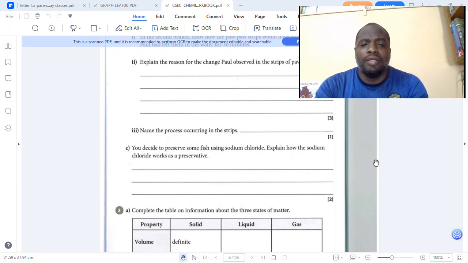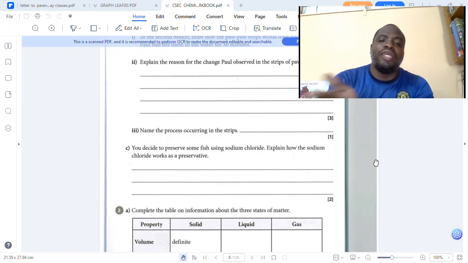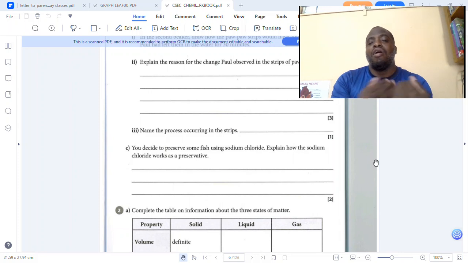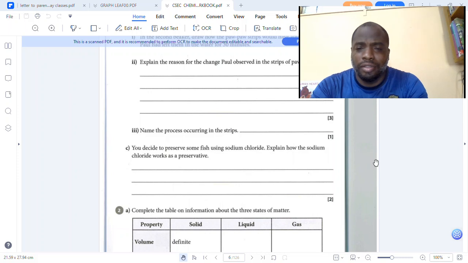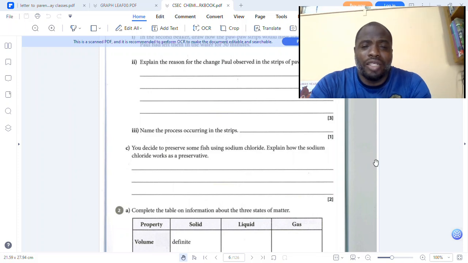Just like the papaya, the fish has a cell membrane. So what do you think the water does? The water is going to move from the inside of the cells of the fish onto the outside, causing the fish to be drier. How does this deal with preservation, you might be asking?